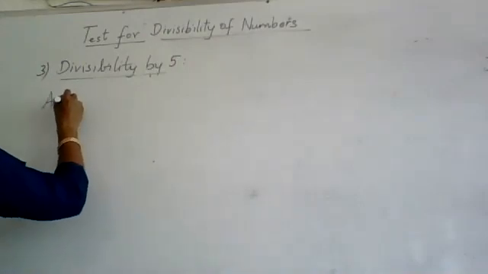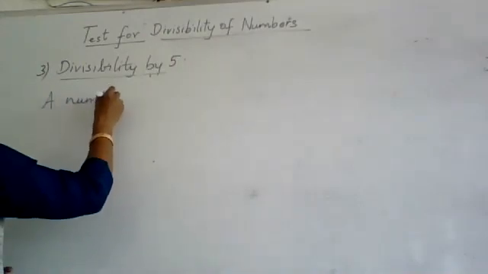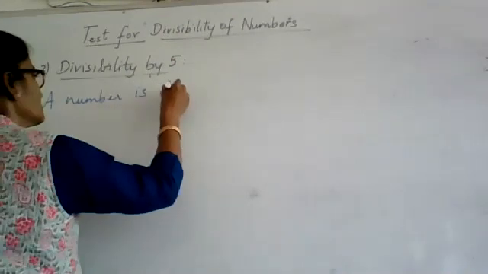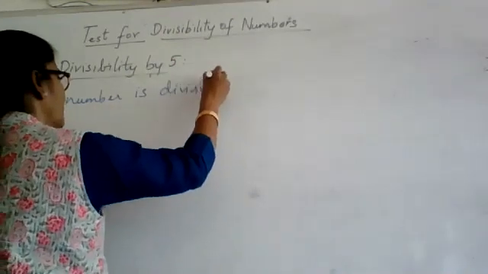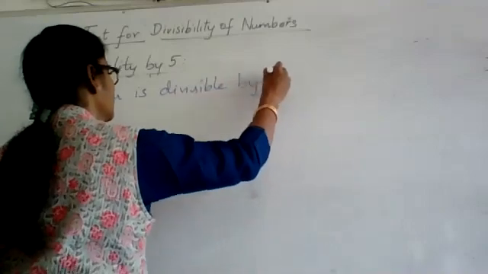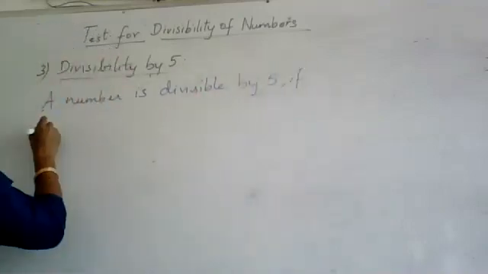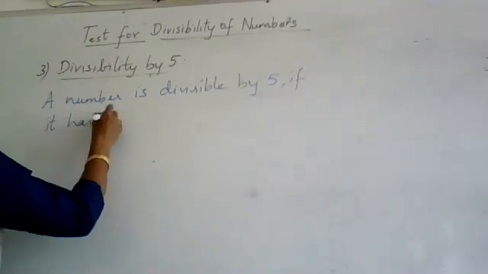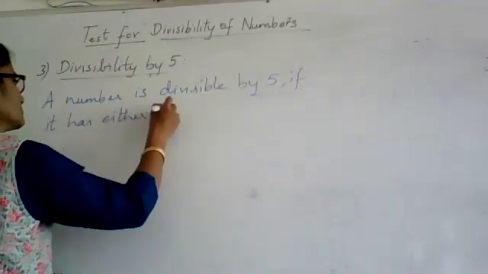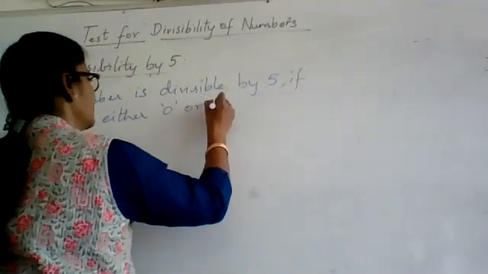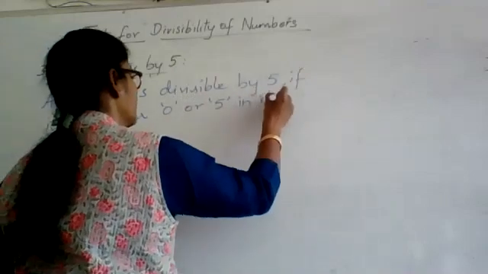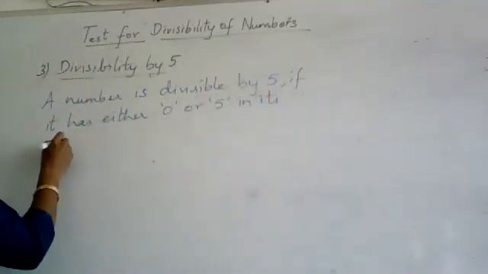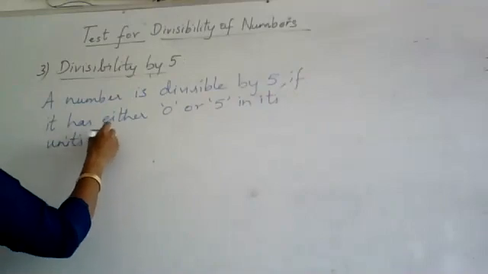So you can write down: a number is divisible by 5 if it has either 0 or 5 in its units place or ones place.